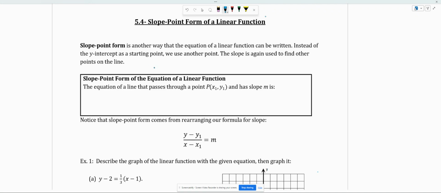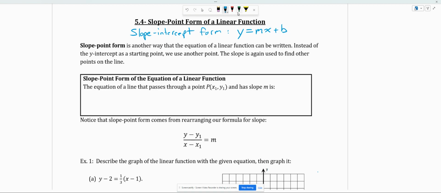So recall in our last lesson, we learned our first main form that we use, y equals mx plus b. That one is called slope-intercept form. It looks something like this, where we have it solved for y on the left side, and it's equal to mx plus b.